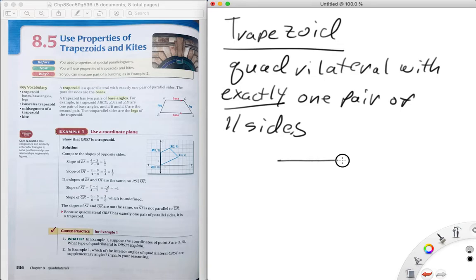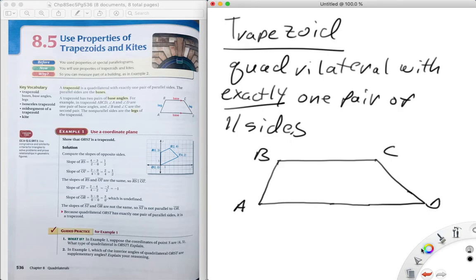So when we talk about a trapezoid, in this case, BC is going to be parallel to AD.